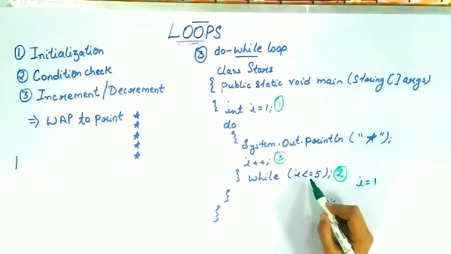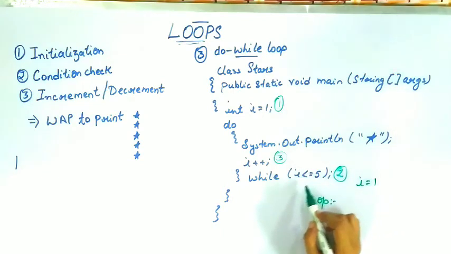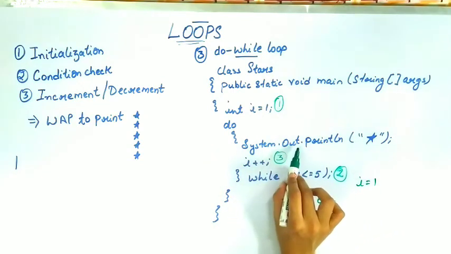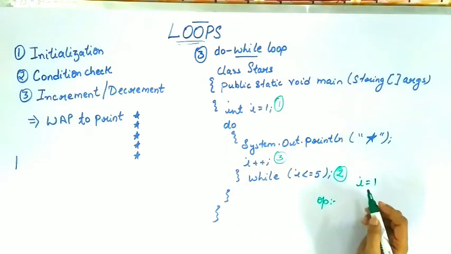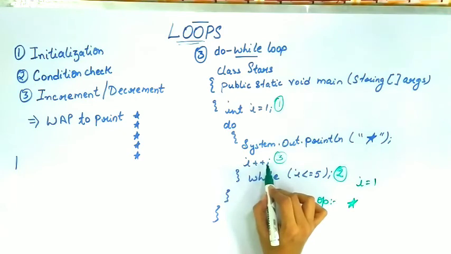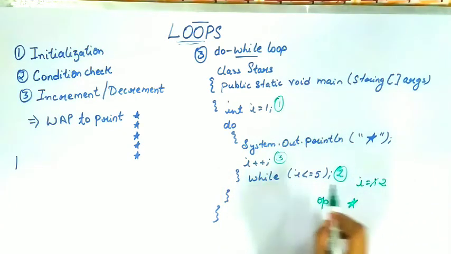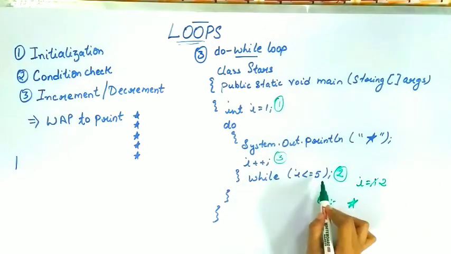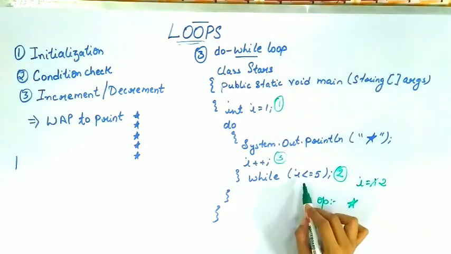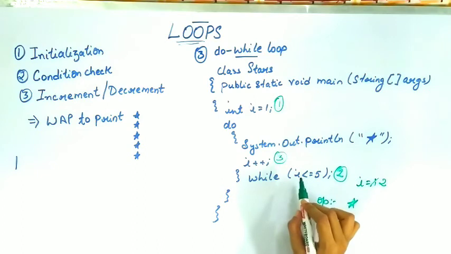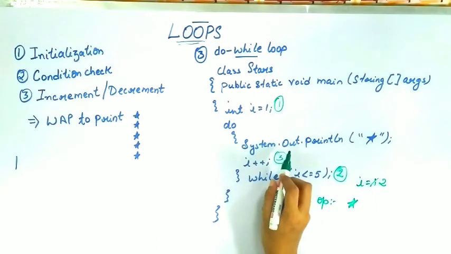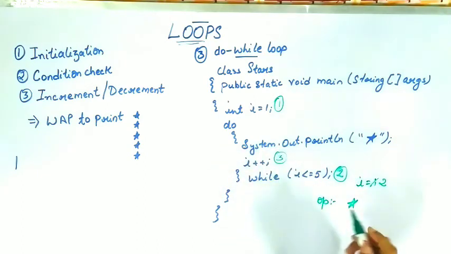Yes, 1 is less than 5, therefore it will get inside the body of the loop and 1 star will be printed. After printing the star, the iterable is increased by 1. The compiler will again check whether 2 is less than or equal to 5. Yes, 2 is less than 5. Therefore, the compiler will get inside the body of the loop and print the second star.